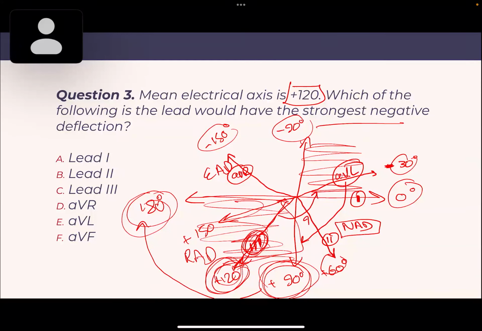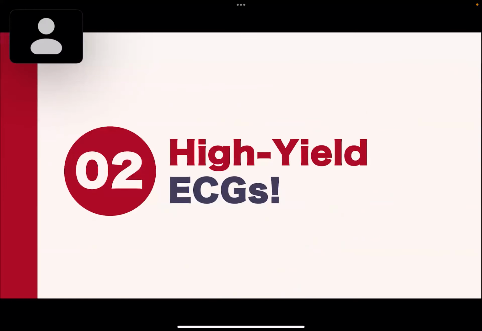Perpendicular basically means it has to be 90 degrees. What's at 90 degrees with this line? I think it's more towards this line, which is AVR. Because if you drew a square, this would be more like 90 degrees. So the answer is AVR. It's going to have the strongest negative deflection, which means perpendicular. Okay, so the answer is going to be AVR. Does that make sense? Yes, it does. Okay, thank you.